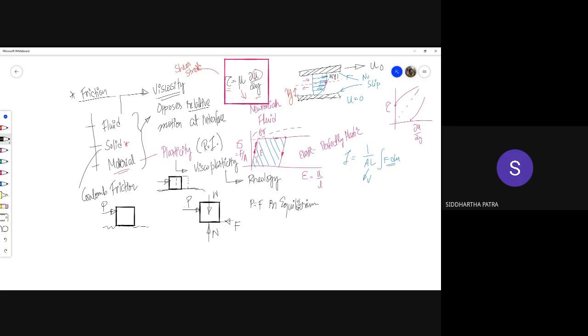For example, let's say you are trying to move a table, and you are applying some horizontal force to it, and it has still not moved. It is about to move maybe, but it has still not moved.